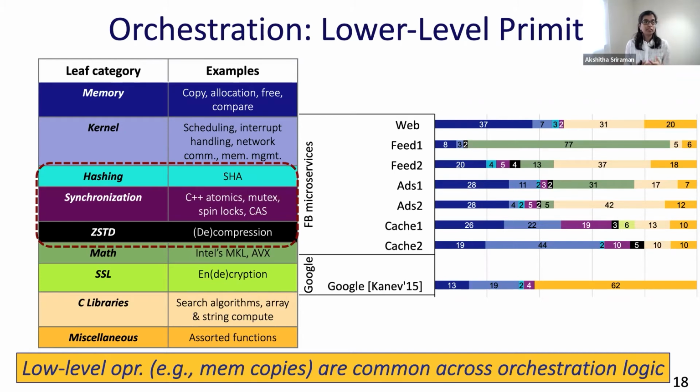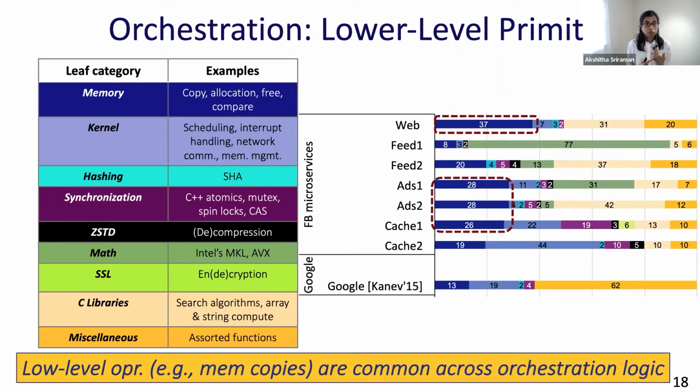And again, like with the memory copies, we find that they are common across these orchestration operations. So going after some of these low-level primitives can result in significant wins at hyperscale. For example, several microservices spend a significant fraction of their time in memory movement, allocations, and even freeing memory takes up a significant chunk of the global cycles.